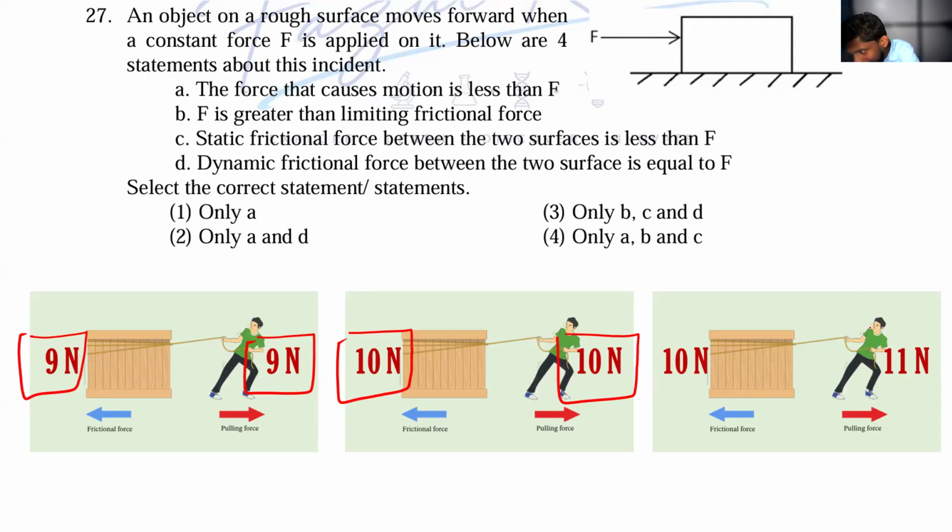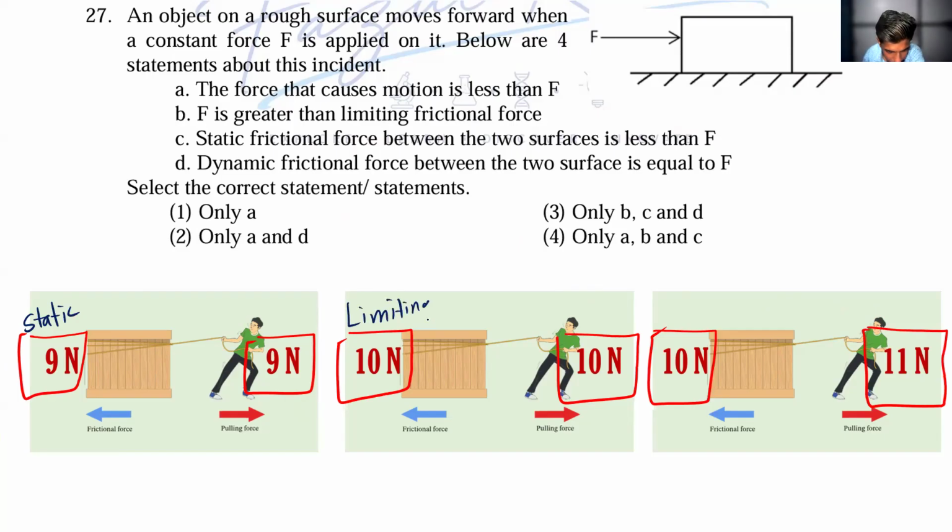Then I increase the force up to 11 Newton. But the frictional force cannot increase up to 11 Newton because it has a limit, that is 10 Newton. Now I'm going to name that with blue color. This is static. This is limiting. This is dynamic.